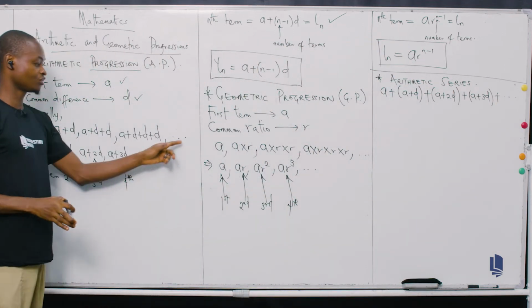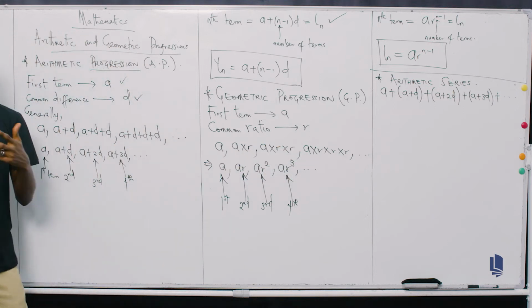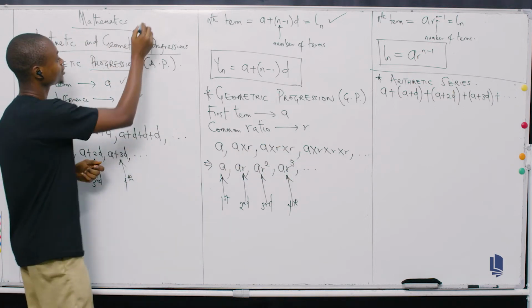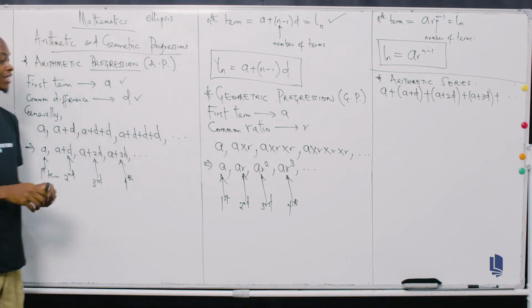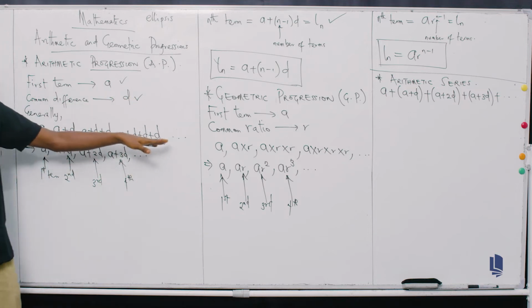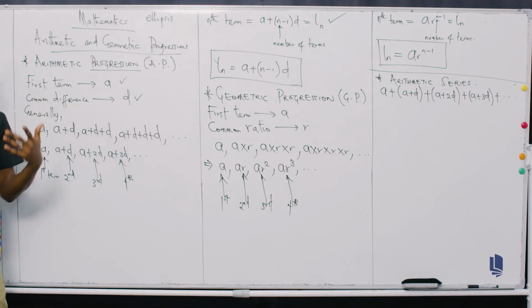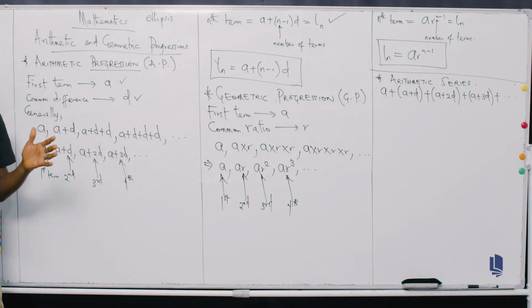Now, if you have noticed, the three dots I'm always using, they are called ellipses. Ellipses, which means that you are quoting the fact that there is the existence of an infinite number of terms after that point, right? But they are so much that you really do not want to waste time writing everything, right?